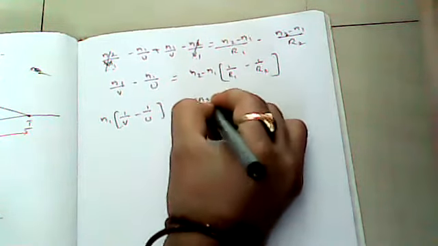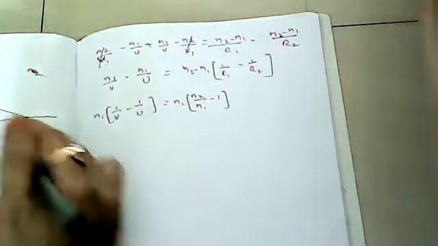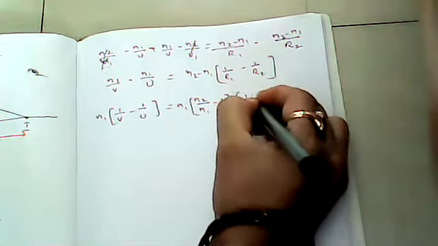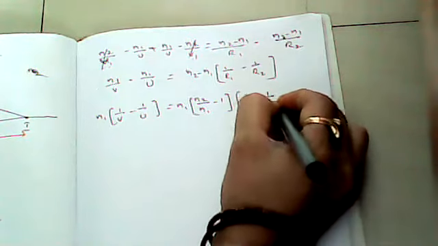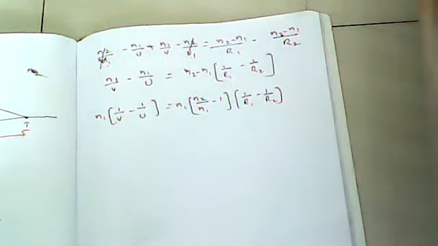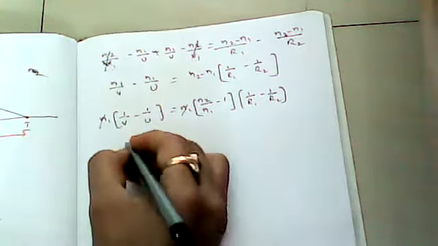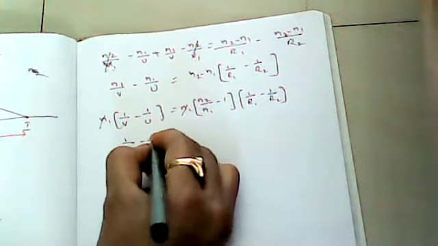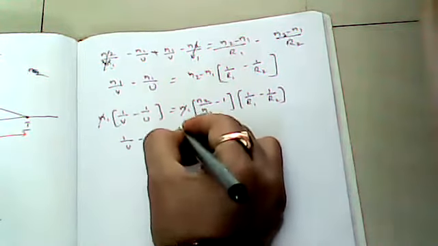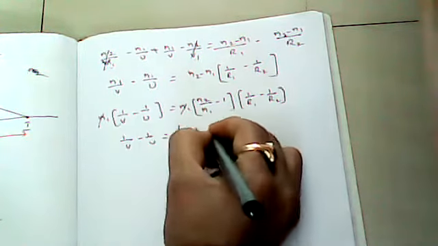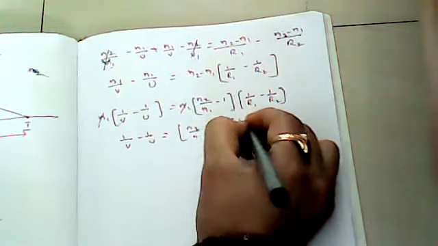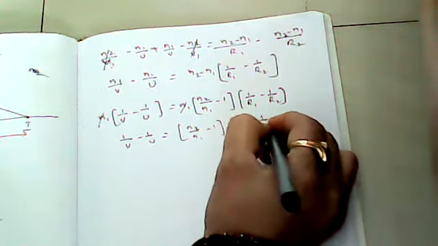What we get then? N2 by N1 minus 1. ಹೌದಲ್ಲ? ಕಾಮನ್ ತೆಗೆದ್ರೆ, what we get is 1 by R1 minus 1 by R2. Okay, right. So N1 gets cancelled. So 1 by V minus 1 by U is equal to N2 by N1 minus 1 into 1 by R1 minus 1 by R2.